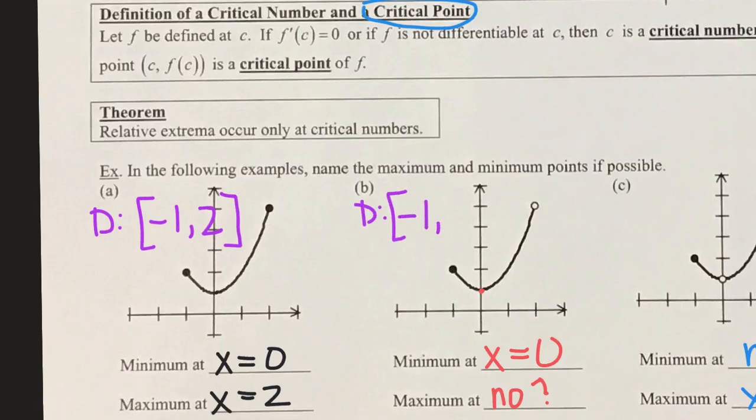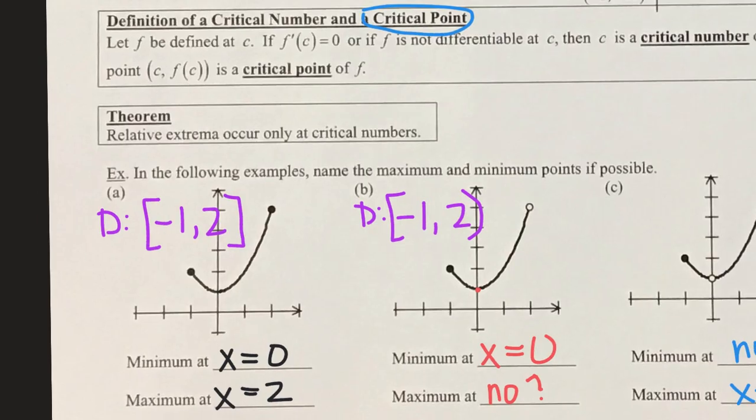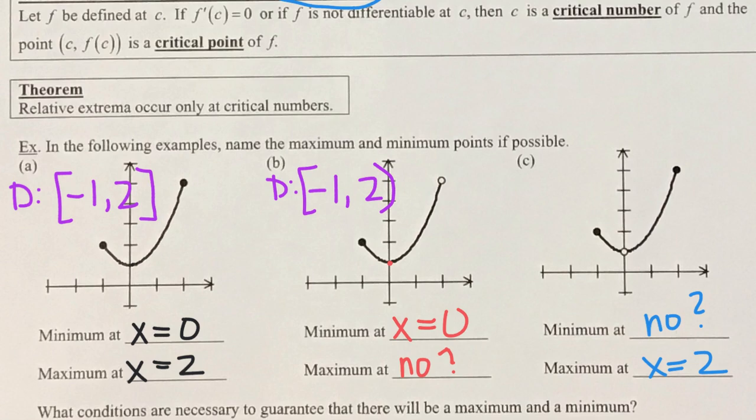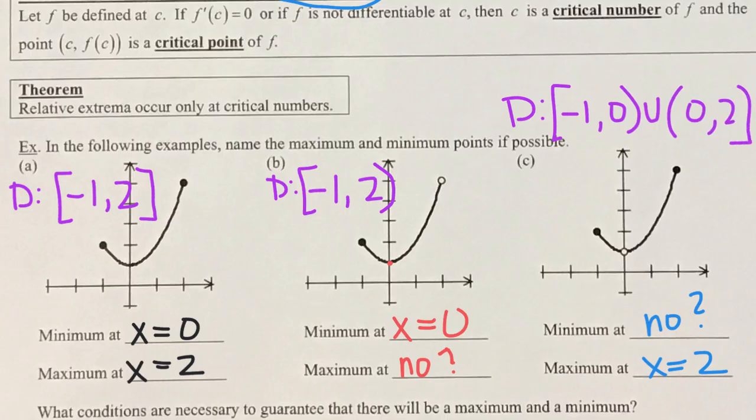Bracket -1, but 2 gets a parenthesis, right? So we don't have a maximum if we don't have closed brackets. Now what about the domain for C? That goes from -1 to 0, and then 0 has a hole, so we represent that with parentheses. And then it ends at +2.